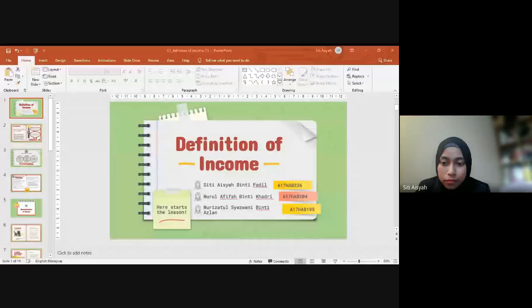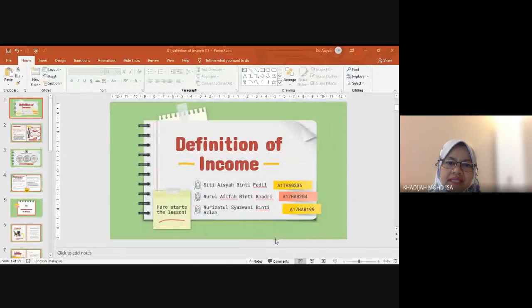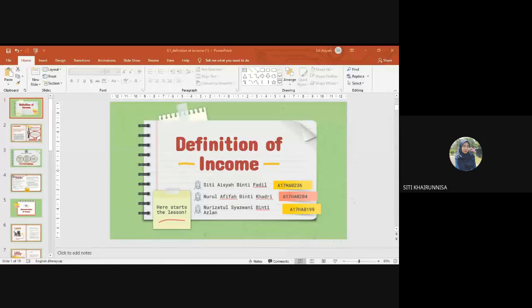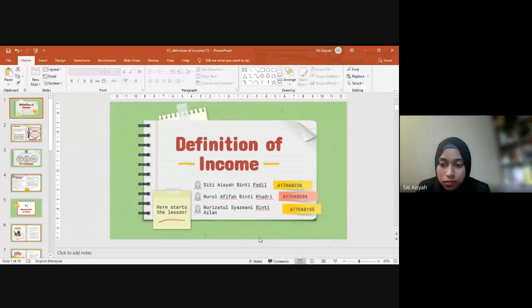Okay. You have the floor. Okay, you all can see my slide? Not yet. Yes. Now, okay. Yes, we can see the slide. Okay, wait.